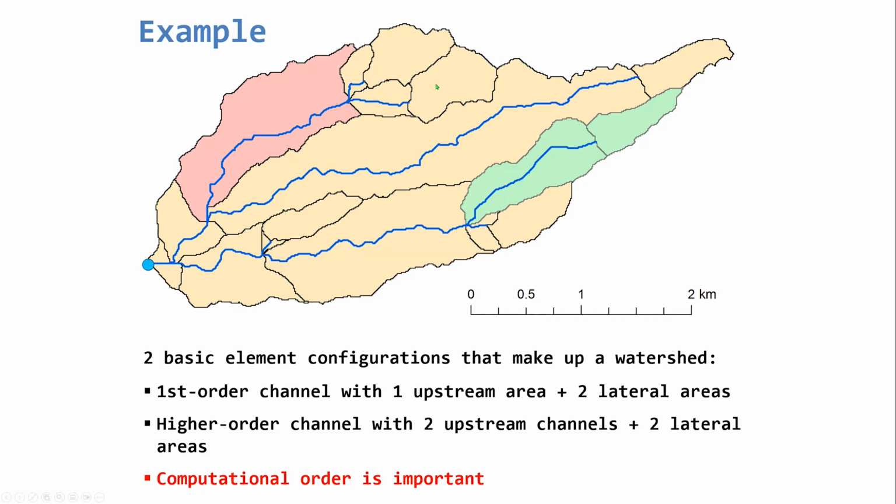So if you put these two first and this channel first and don't do any of the computations in the first order subwatersheds, there's no upper boundary condition here to have you carry on the computations downstream.